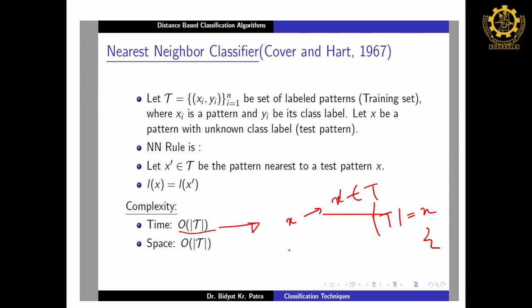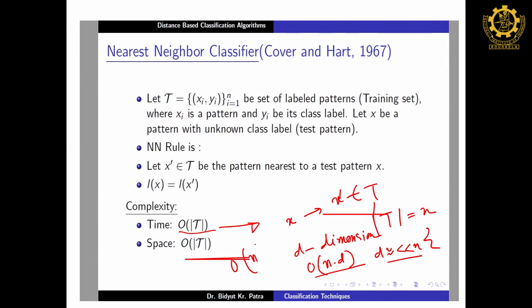More specifically, for computing distance, if d is the dimension of each object, then the complexity will be n into d, order of n d, and because d is much smaller than n, we consider the complexity to be order of n.